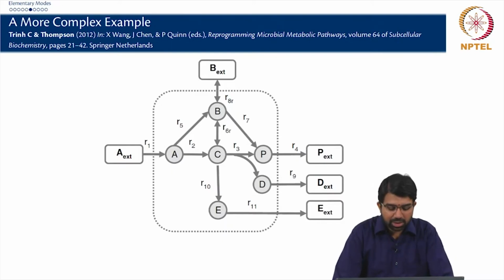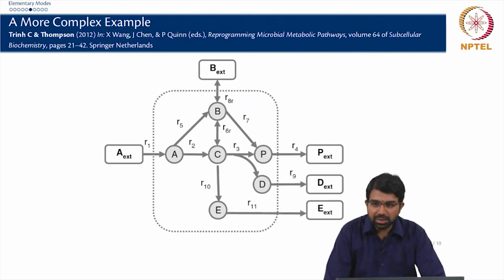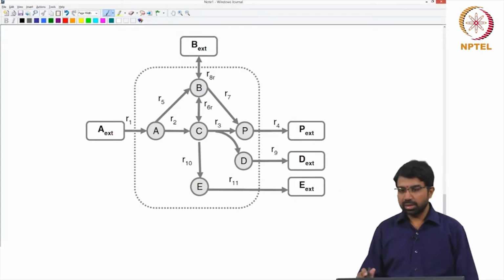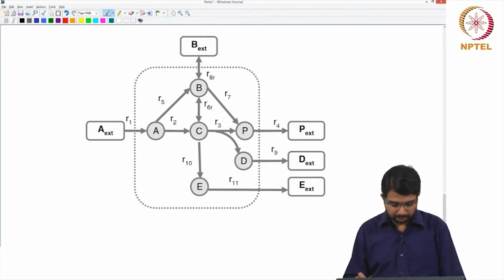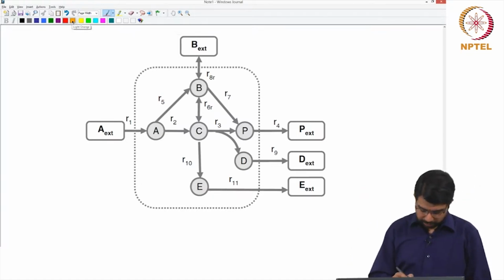But for now, can we just try and identify the EFMs and EPs in this diagram. So, now you can actually write down the elementary flux modes and extreme pathways based on the reactions, right. Let us even try to trace them out first.